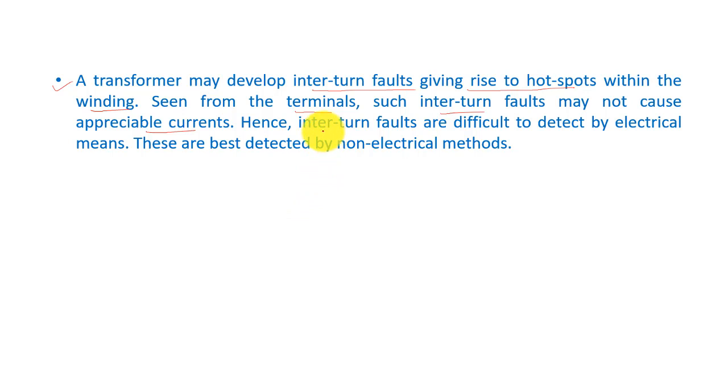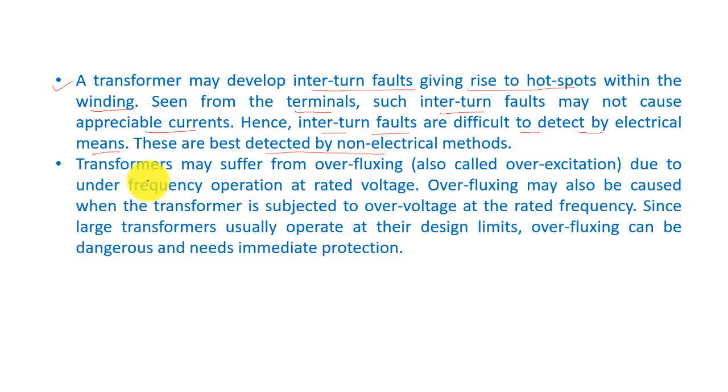Even if it is there, it doesn't detect this interturn fault, and it is in fact very difficult to detect by electrical means. So there are some non-electrical methods used to detect this interturn fault. We will talk about this in the future classes.